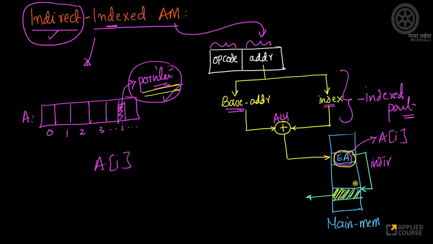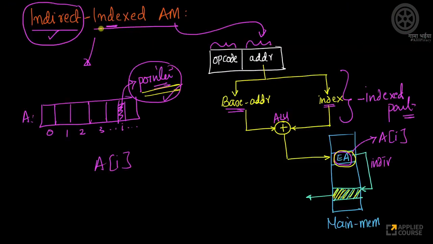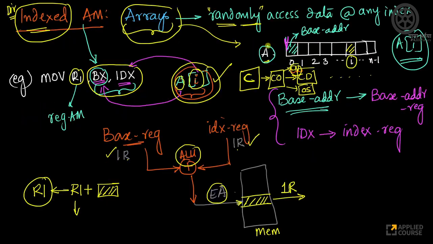Here lies the address of the data that I want to access, which means this is the pointer now. Very simple logic, right? Oftentimes this is also called direct indexed addressing mode, or simply indexed addressing mode. Both indexed addressing mode and indirect addressing mode can enable us to have random access. The reason I'm pointing to this is because the next mode that we will learn does not have this.